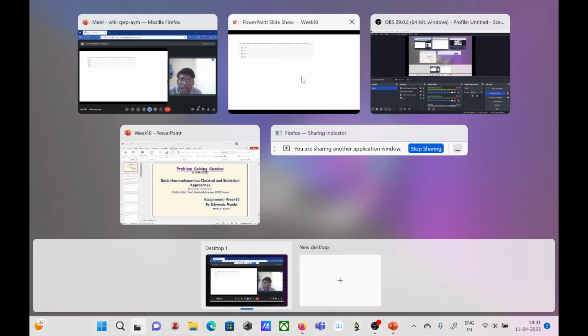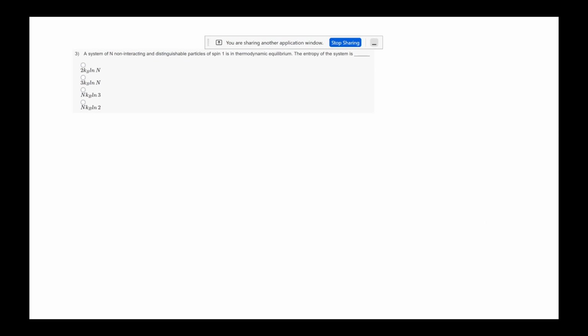So we need to calculate the total microstates. I will give you one hint so that you can do that. The hint is about spin 1.